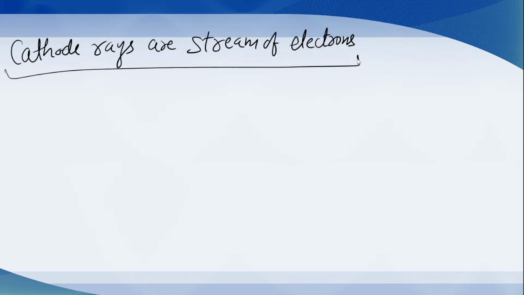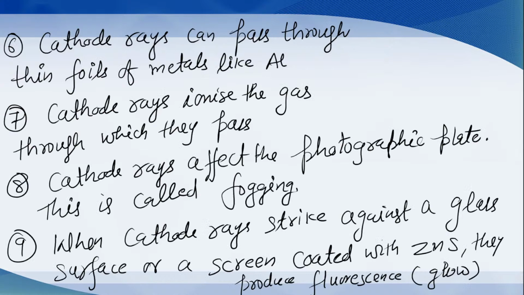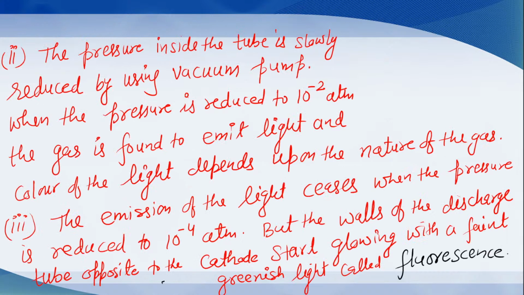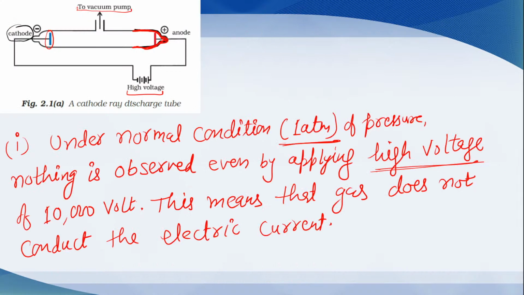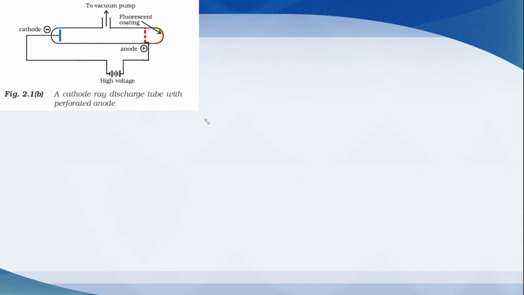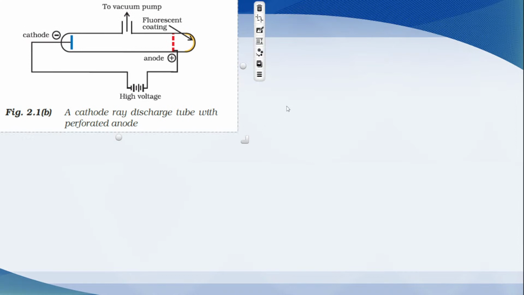Now, when this cathode ray tube is modified, so first we cover the cathode rays. Now, when the cathode is perforated, what happened?